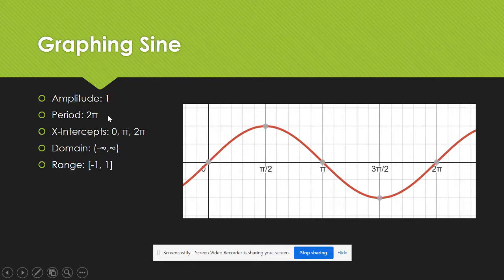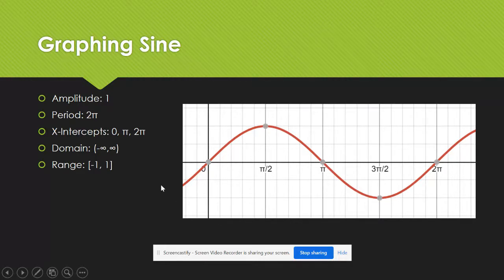The period of sine is 2 pi, and then its amplitude is 1 because it goes up 1 or it goes down 1 from the middle. Its x-intercepts are 0, pi, and 2 pi. That's where it crosses through. Domain, it goes on forever, left and right. And then range, it always stays between -1 and 1 unless we change it around.